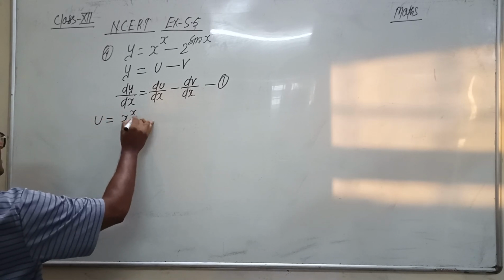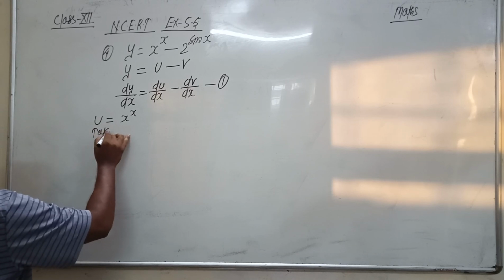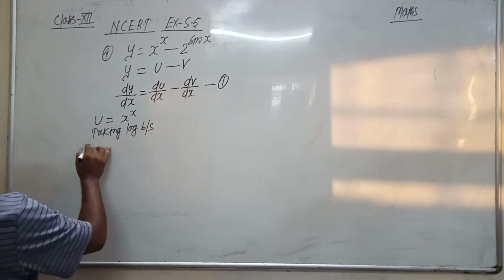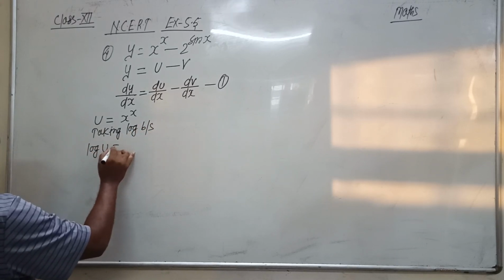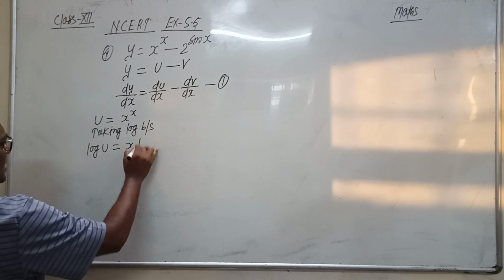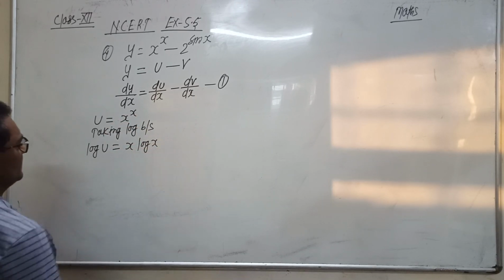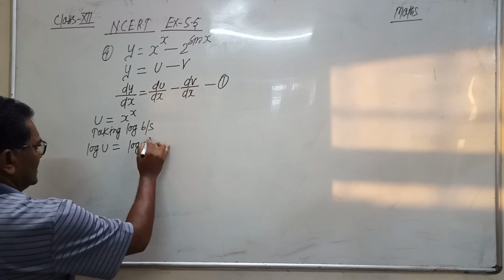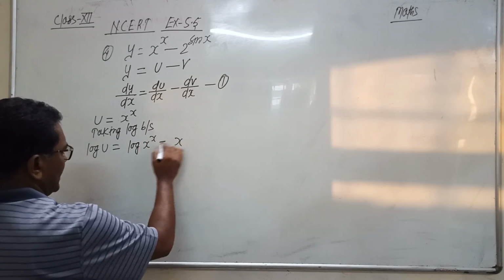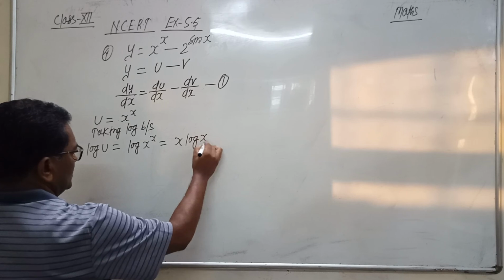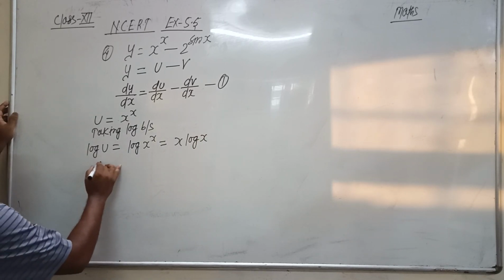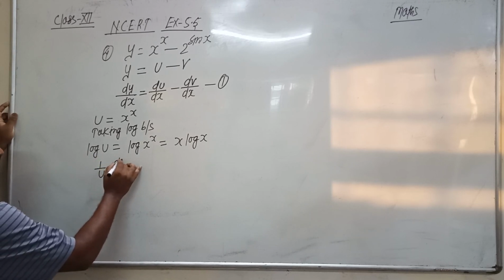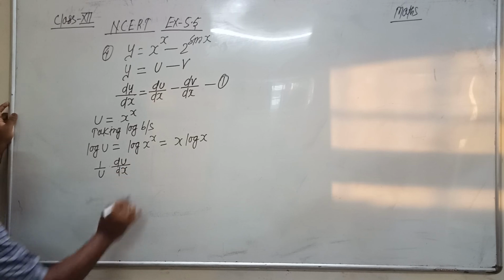Now we have supposed u equals x raised to the power x, and taking log both sides. So log of u, power comes before: log x raised to the power x, then in the next step it becomes x into log x. Now differentiation of log u is 1 by u. Drop log and differentiate u with respect to x.